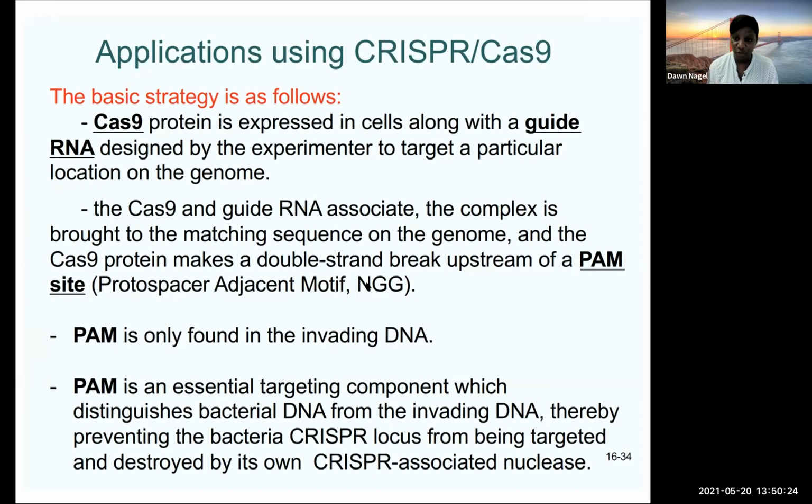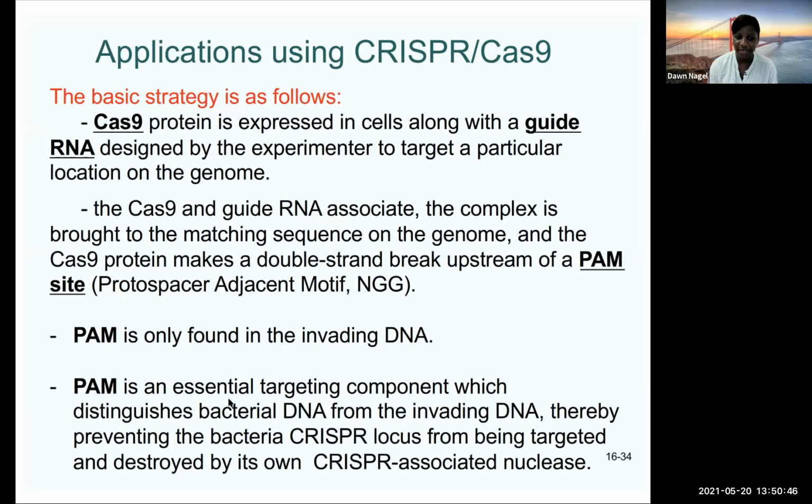So again, this is all through discovery, because this PAM site is not present in bacteria. We know it's present only in the invading DNA, and that's how it was discovered, right? And the reason we know this is that if this PAM site was present in bacteria, then bacteria would cleave their own DNA, right?